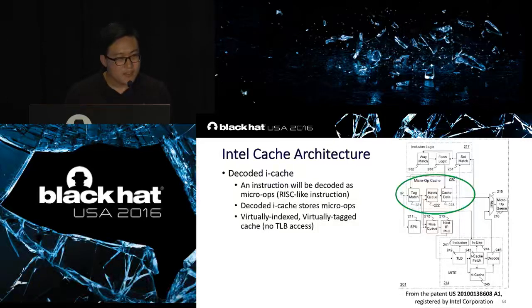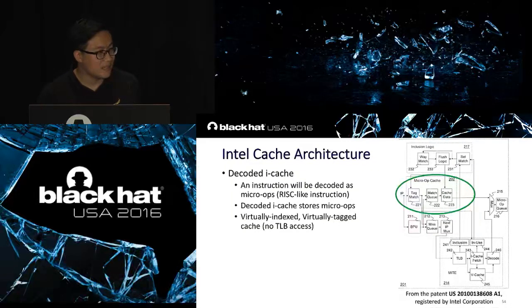And the important thing is that it is a virtually indexed, virtually tagged cache. So it does not require accessing the TLB. And I will describe how this creates a timing side channel in the following.